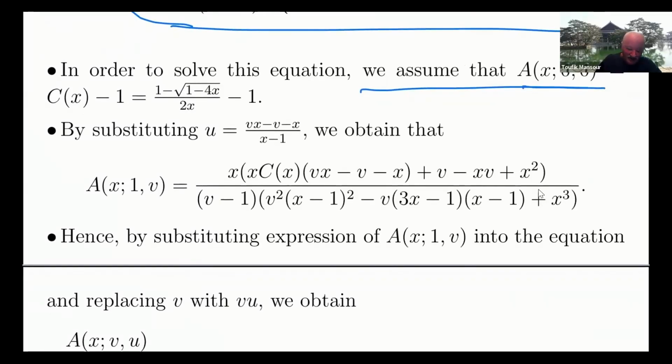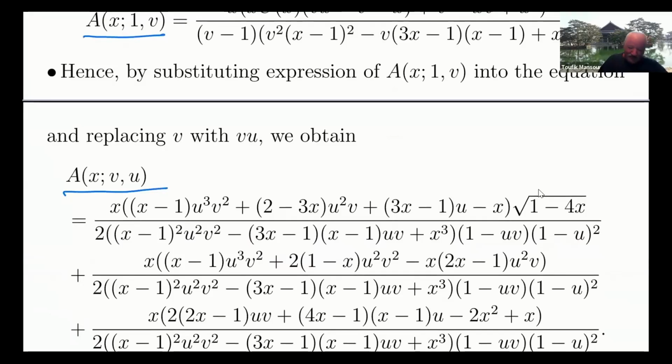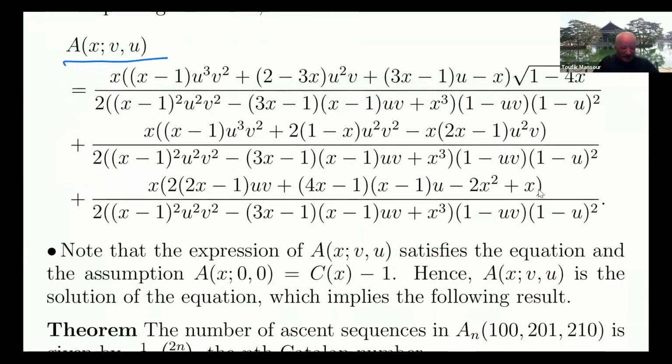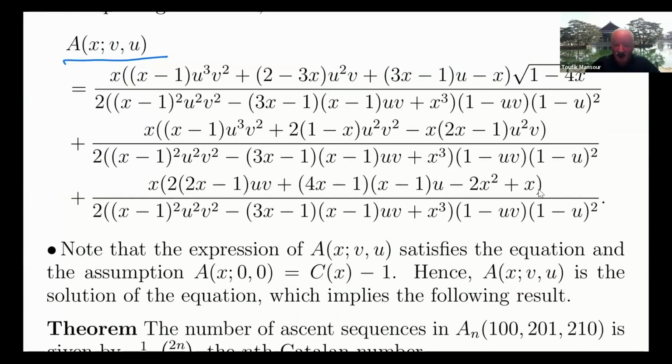I assume this, then I use substitution, then I guess A(x,1,v), then I found A(x,v,u), very complicated, then I show that my general solution satisfies the equation and satisfies the assumption.